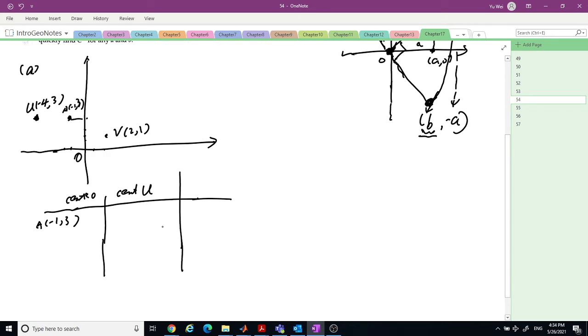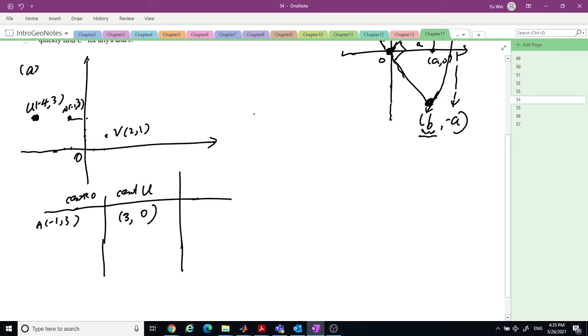Because we want to circle around the u, we better use the u as 0, 0. To get u to 0, 0, we have to add 4 to the x coordinate, so negative 1 plus 4 is 3. And to make it 0 for the y, we need to subtract 3, so that's why it becomes 0.